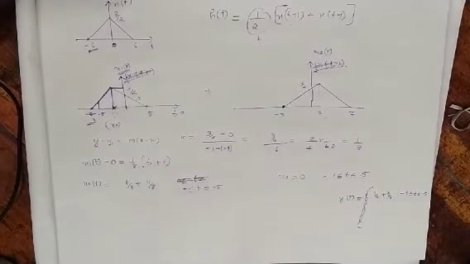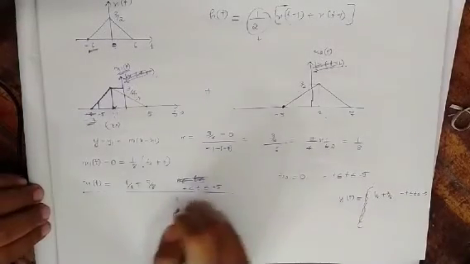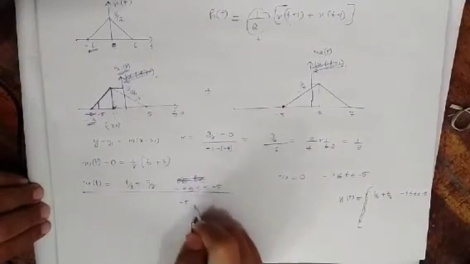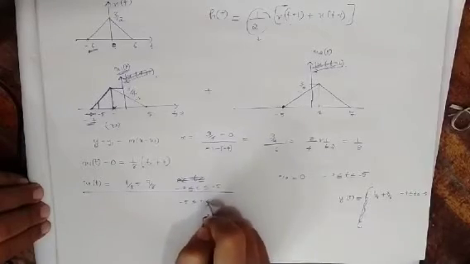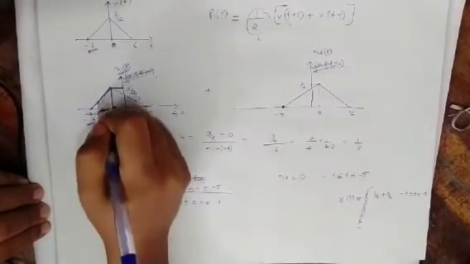So I am going to take from minus 5 less than or equal to t less than or equal to minus 1. This function, okay.